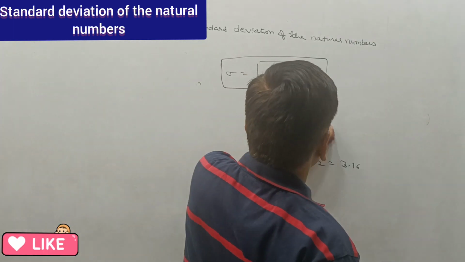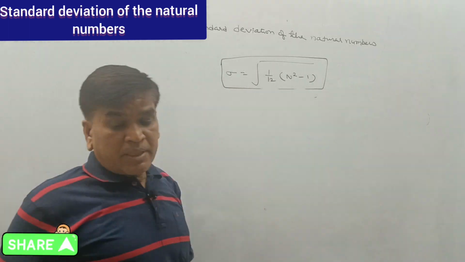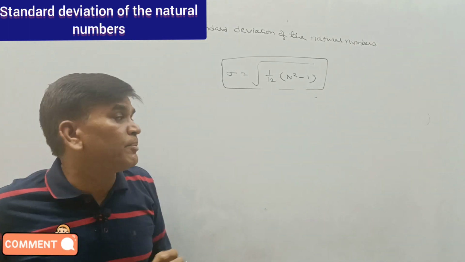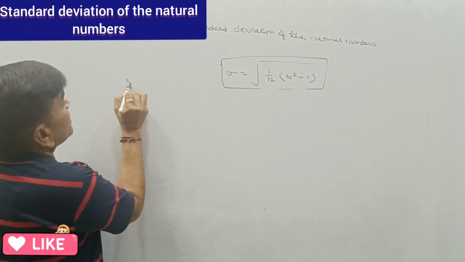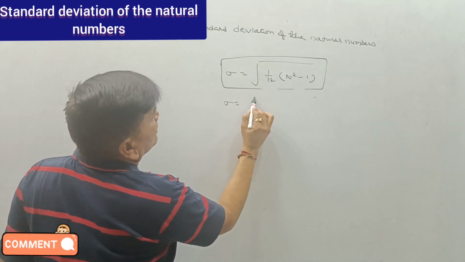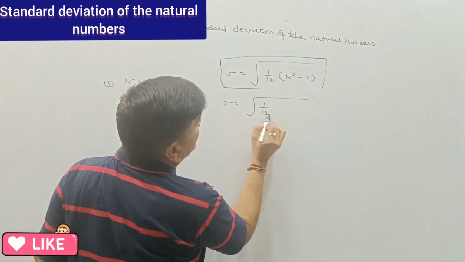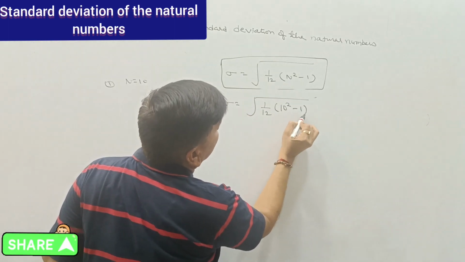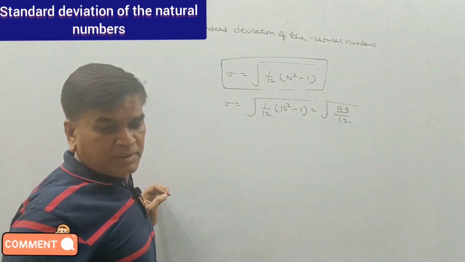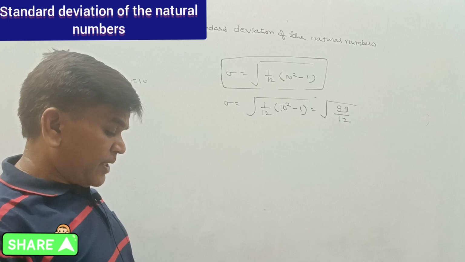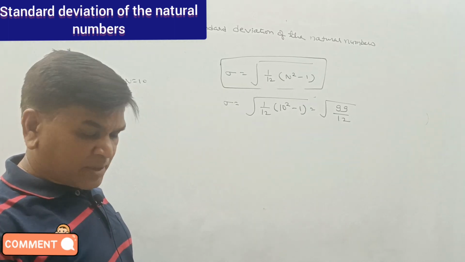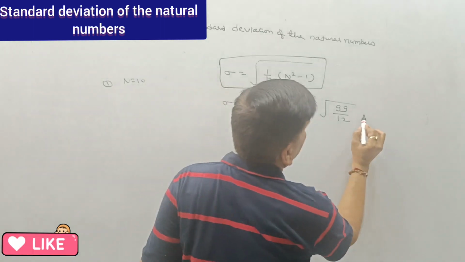If the question is to calculate the standard deviation of the first 10 natural numbers, n is equal to 10, then the standard deviation will be under root 1 by 12 into 10 squared minus 1, that is under root 99 upon 12, which is 2.87.